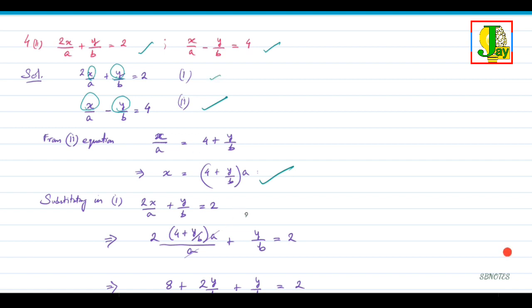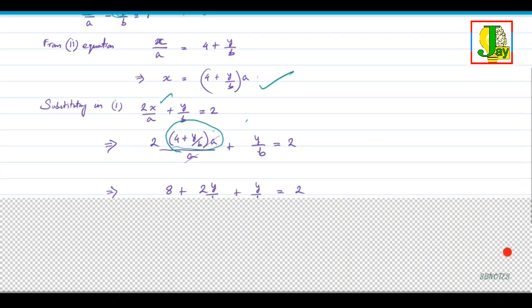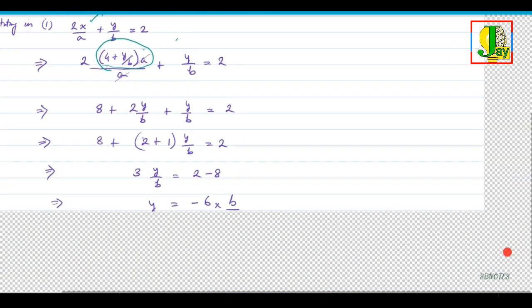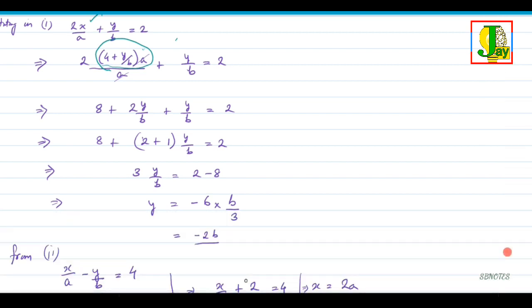In place of x we have written the value of x here, and the other part as it is. Now solving that, we get y equals minus 2b. So this is the value of y.